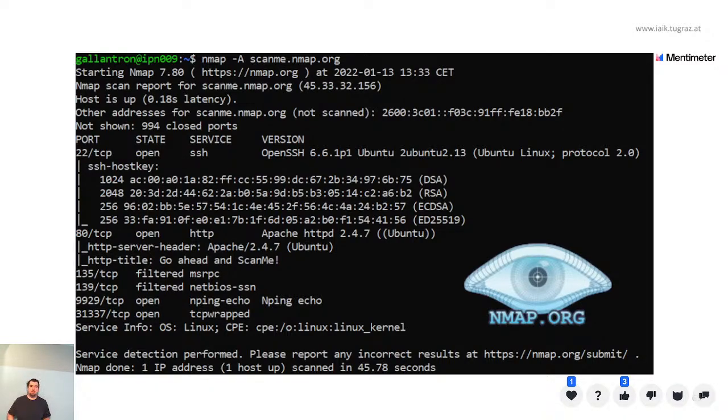All of these operating systems, while they implement the same protocol, have detectable differences in how they choose certain values. Nmap can use this to figure out what operating system you're running. So in this case, it's Linux. Well, yeah, we kind of figured, because the server header says so, and the version detection for OpenSSH says so, but still good to know.